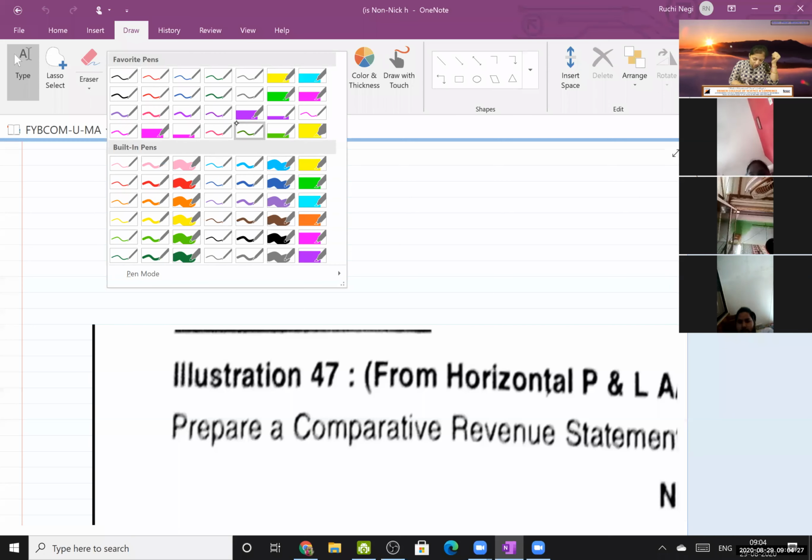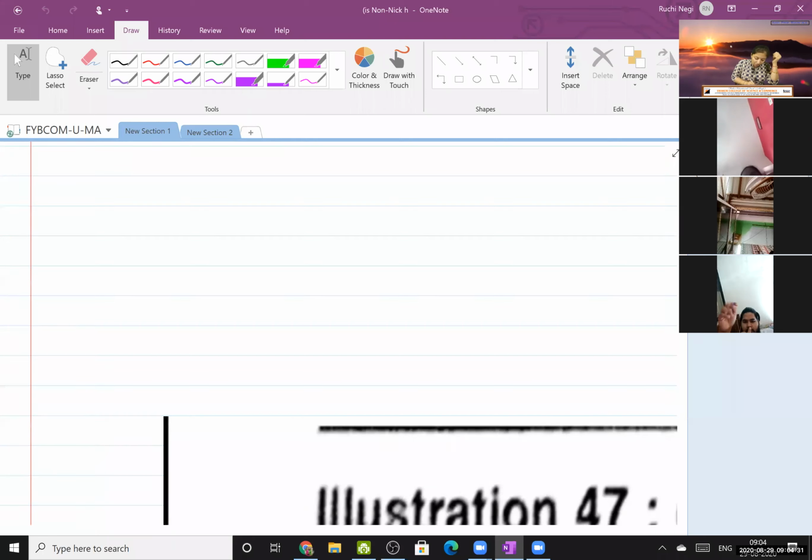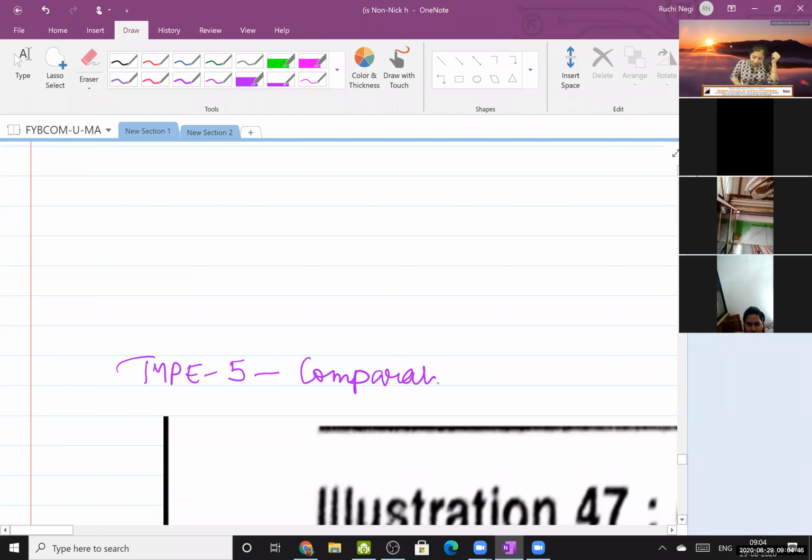Just note it down. This is type 5. So trend analysis was type 4. So just write here type 5. And it talks about comparative statements.